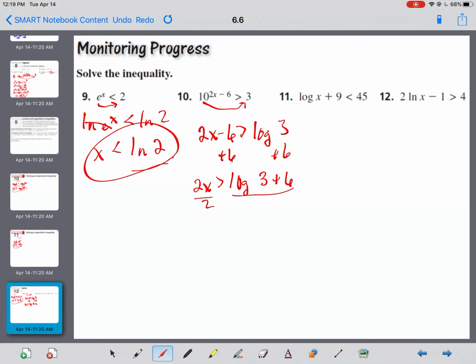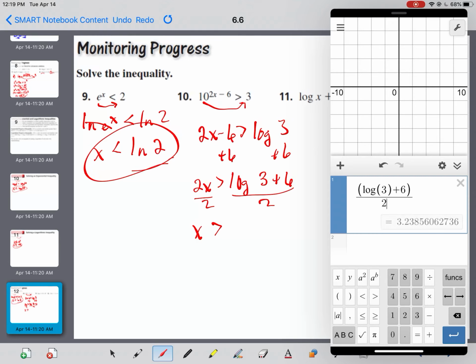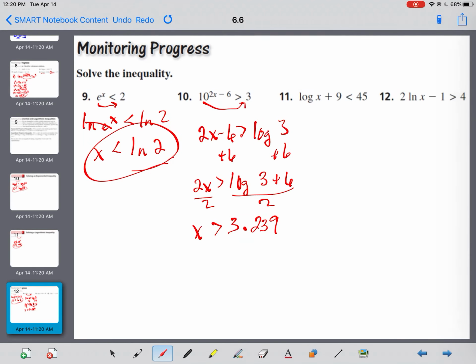We can do the decimal on this one. That'll be fun. We're doing log 3 plus 6 divided by 2. 3.239. There we go. Checked it, and it is correct.